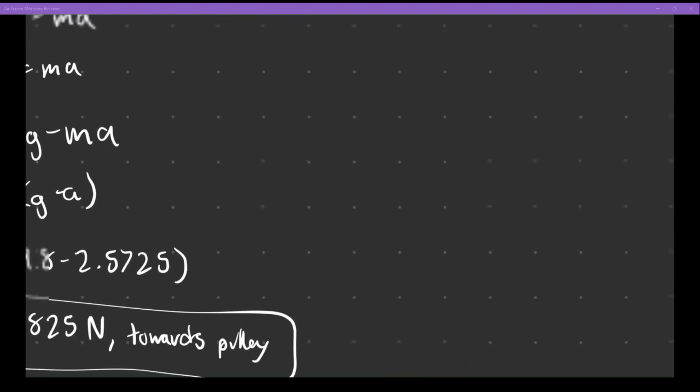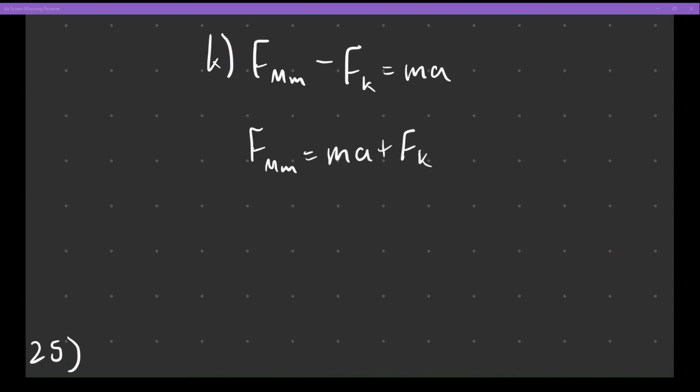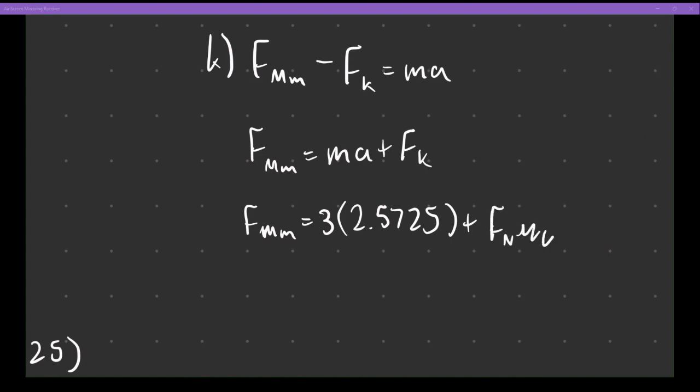Alright, moving on to part K now. It's asking for the contact force between the two blocks. I'm going to set up the net force for the small block that's on the surface. So Fm minus Fk is equal to ma. So I'm solving for the contact force Fm, so I'm going to isolate for that. Move mu k or Fk over. So I'll get Fm is equal to 3 times acceleration, which was 2.5725, plus Fk. Fk is equal to Fn mu k.